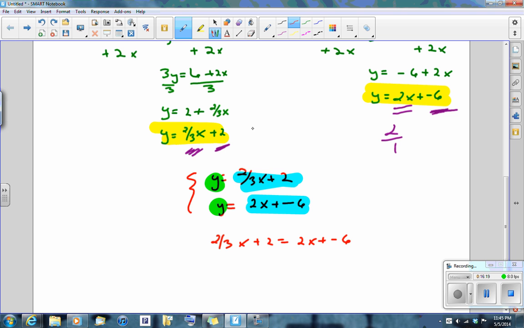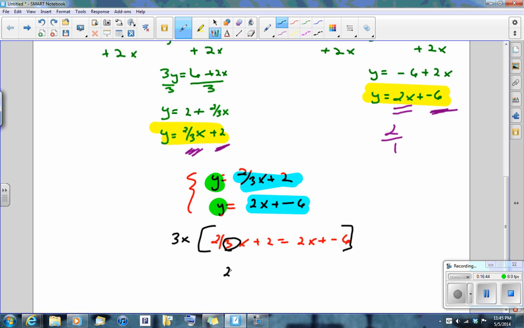Now, a lot of people hate working with fractions. What we can do is multiply everything by 3. If I multiply by 3, that's going to eliminate the division by 3. So 3 times 2 is 6. 6 divided by 3 is 2.